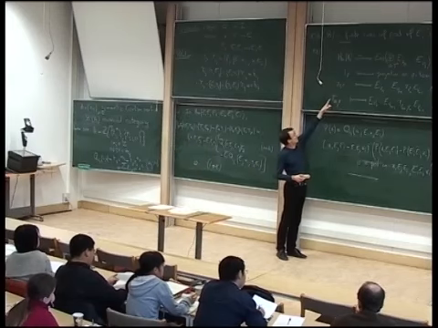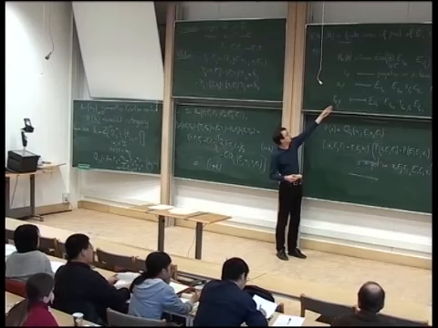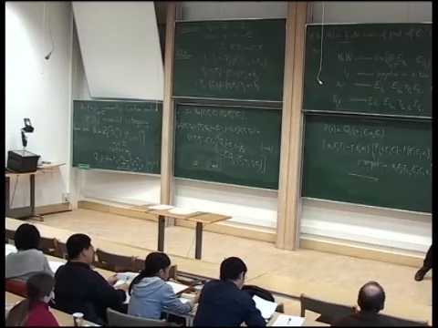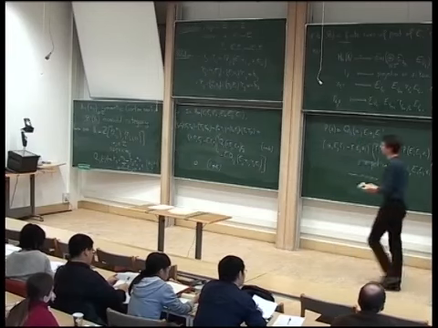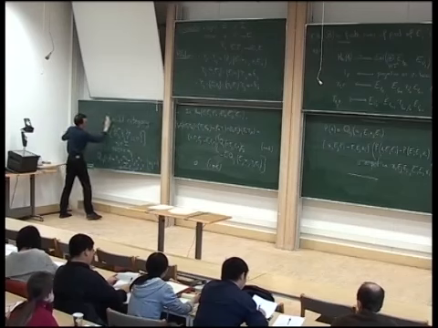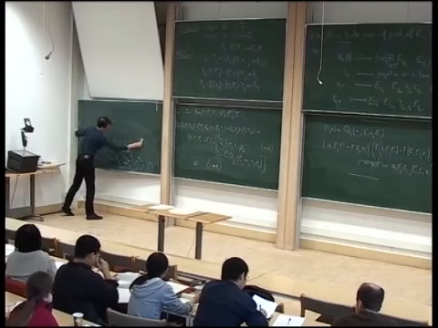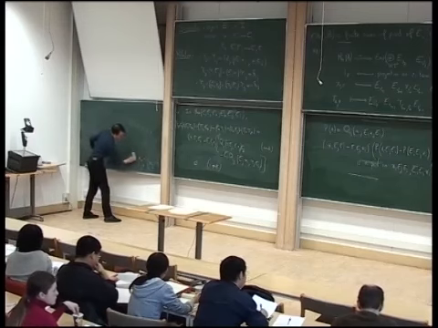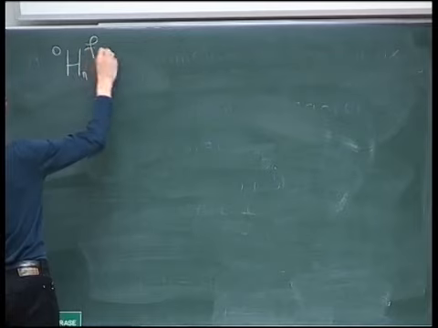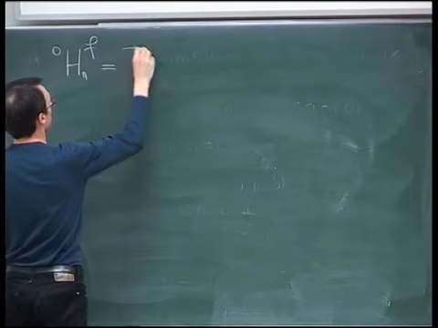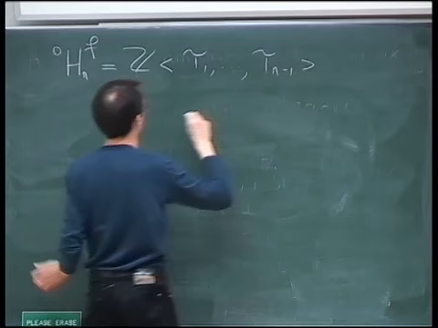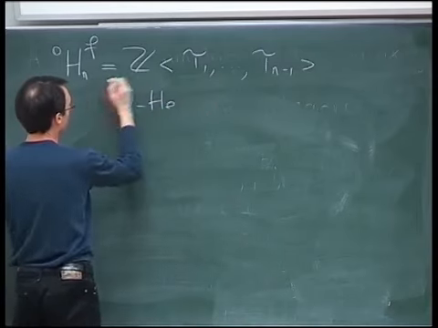So I can consider the x_a, and the nu is constant, so the x_a's and tau_a's are going to generate this subalgebra, generated by tau_1 up to tau_{n-1}, and that's the nil Hecke algebra.